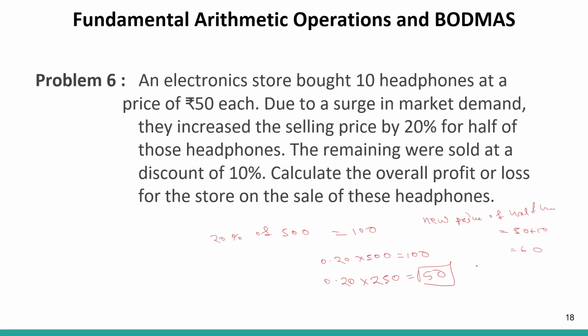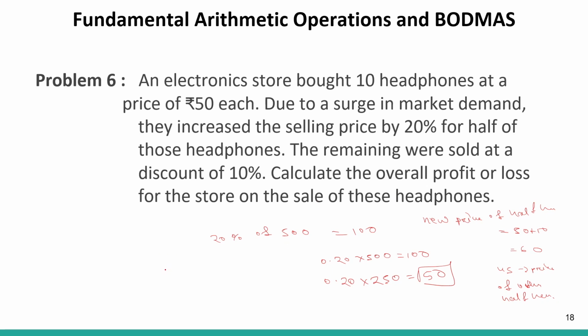Since the other half is sold at a discount of 10%, 10% of 50 is equal to 5 rupees. So it will be sold at 45 rupees, the price of the other half of the headphones. Okay, so calculate the overall profit or loss for the store on the sale of these headphones.